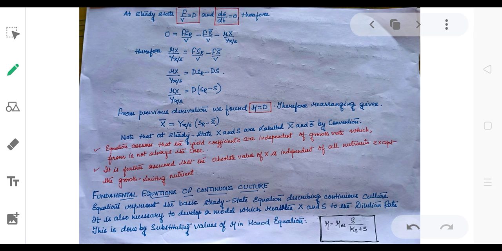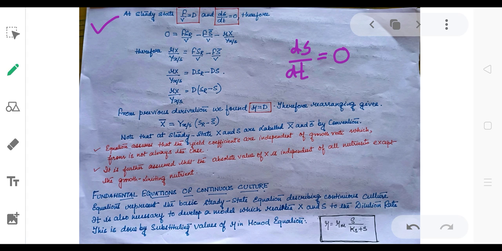Now we will move on to the steady state and non-steady state. You know that steady state means dS/dt is equal to 0. So the rate of change of substrate concentration is 0.